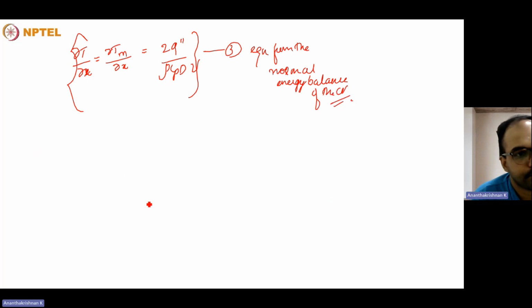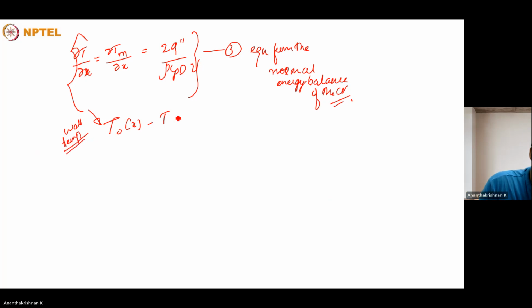We could write T0 by the wall temperature minus T mean, in order to non-dimensionalize the temperature. T0 is the wall temperature, and this normal temperature at the point x comma y, T0 x divided by T0 x minus the mean temperature at x, will be equal to a dimensionless temperature profile.